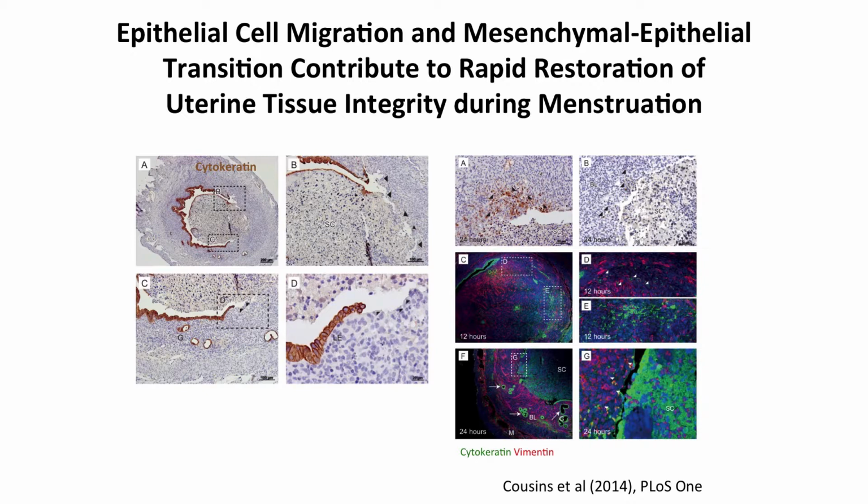So we thought that these could be going through mesenchymal to epithelial transition. Using dual immunofluorescence, with cytokeratin in green and vimentin in red, some of the cells exhibited staining for both cytokeratin and vimentin.